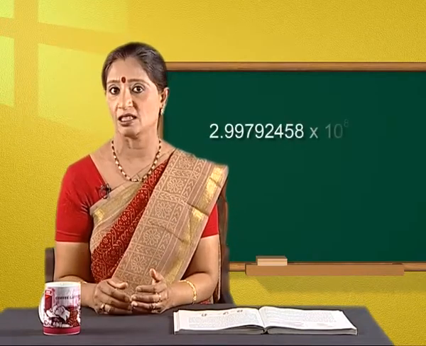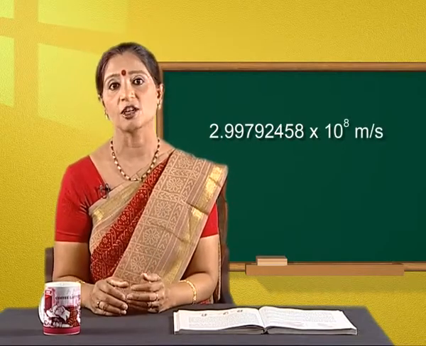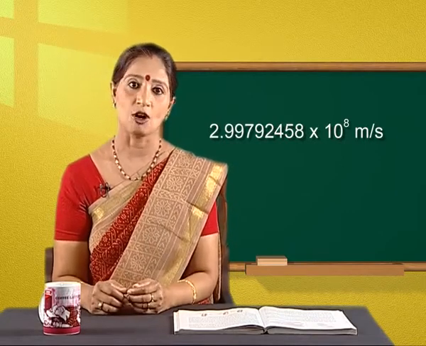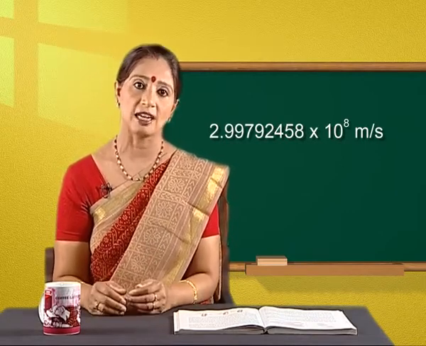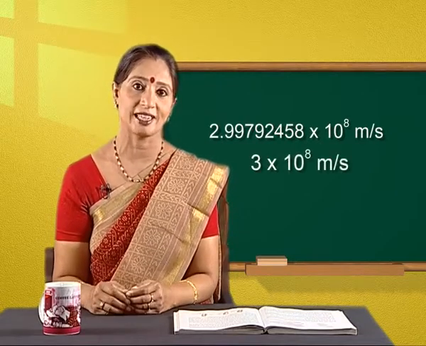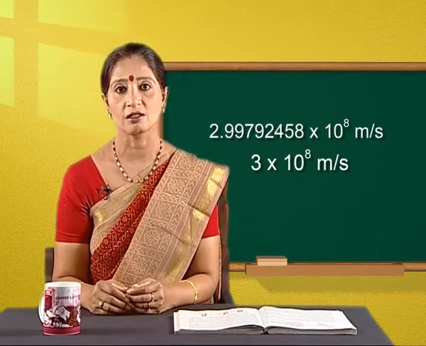For example, a number known to many significant figures, such as 2.99792458 × 10^8 meter per second for the speed of light in vacuum, is rounded off to an approximate value 3 × 10^8 meter per second, which is often employed in computations.